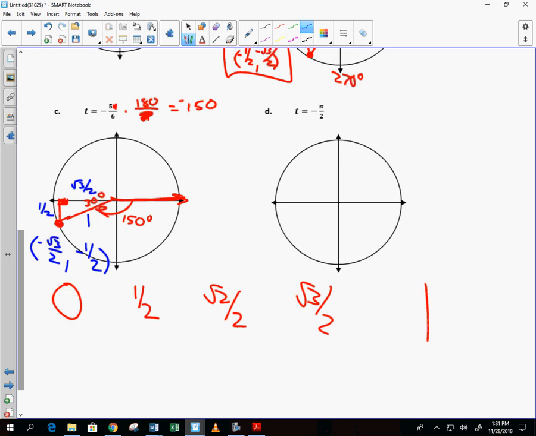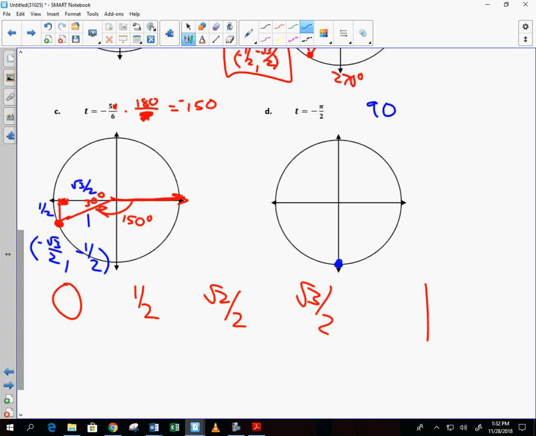Are you ready for the easiest one of all? Negative pi over 2. Pi over 2 is what in degrees? 90. So negative pi over 2 will be negative 90. So instead of going to this spot, what I do is I go to that spot. Agreed? So this is where people get confused. Everybody agree I end up right there?